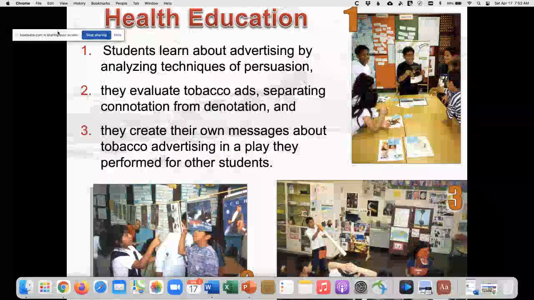We talked about the idea of famous people, testimonials versus fun cartoons versus different ways that ads were trying to convince people to buy or do certain things. So after they just sorted the ads into different piles, then I put up this string with ads from cigarette tobacco ads.